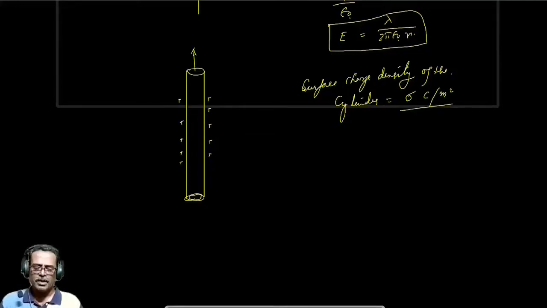Again, for the same reason, the electric field due to this cylindrical charged surface is radially outward. Suppose the radius of this cylinder is capital R, this is the axis of the cylinder, and we have to find the field at a point outside the cylinder at a distance r.